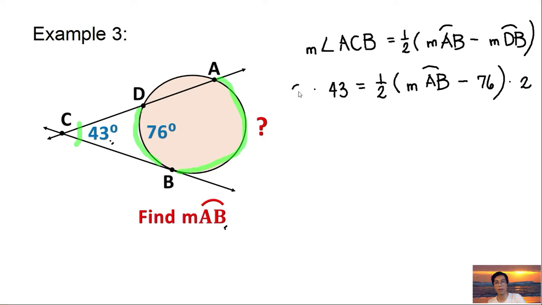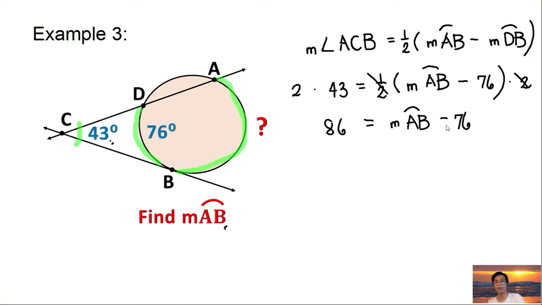So, si 1/2 at saka si 2 is equal to 1. So, wala na siya. Cancel na yun. So, 2 times 43 is equal to 86. 86 equals the measure of arc AB minus 76. Okay, so ito na yung ating equation.